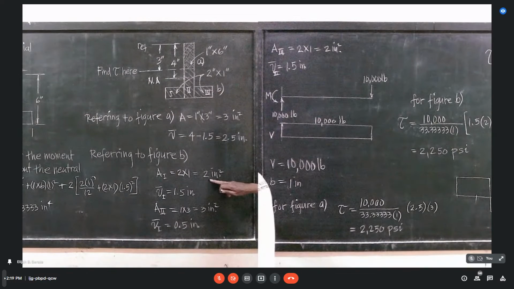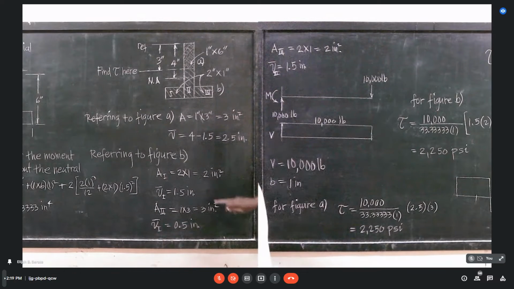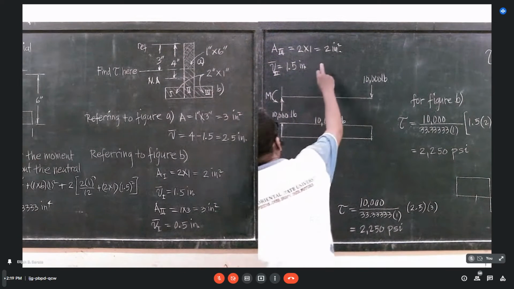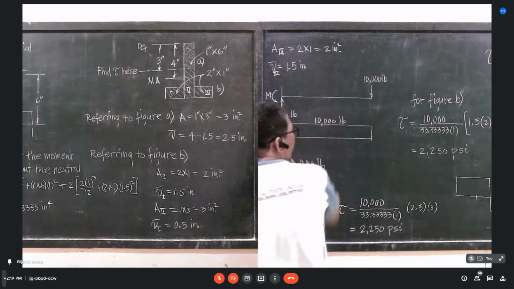V times A, no? Is 1.5 times 2. For the second figure, it is 0.5 times 3. And for the third figure, is still 1.5 times 2.